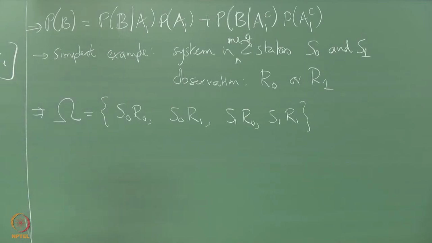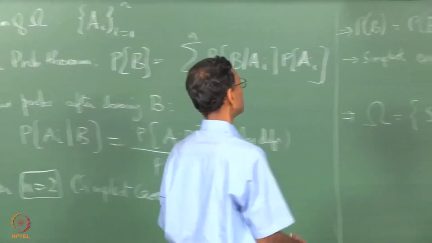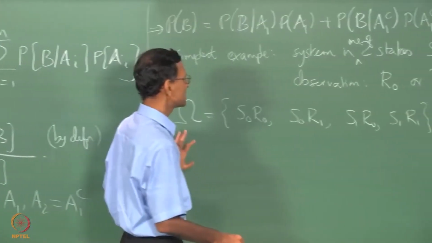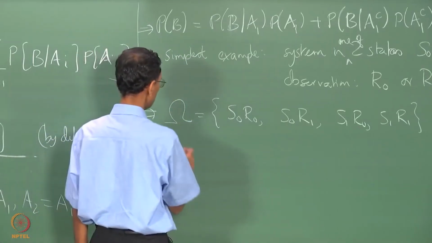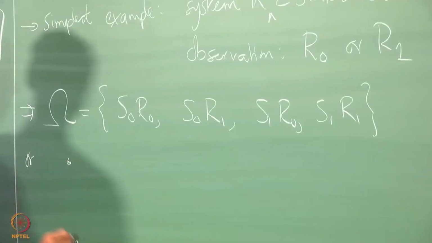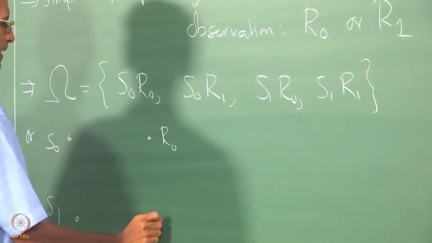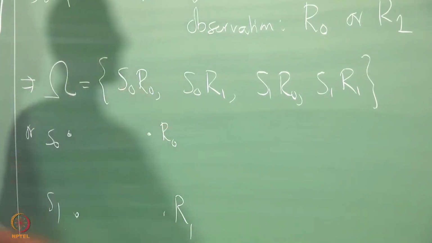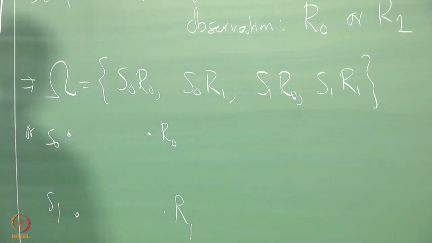Now rather than writing this sample space like this, it's more intuitive to write it with the state on the left and the observation on the right. As we will see, that's very intuitive to do, or you represent it like this: S0, S1, R0 and R1. Here on the right you put down what the observation is, and on the left you have the state, which in most cases is hidden.